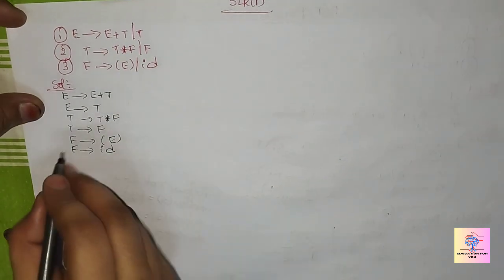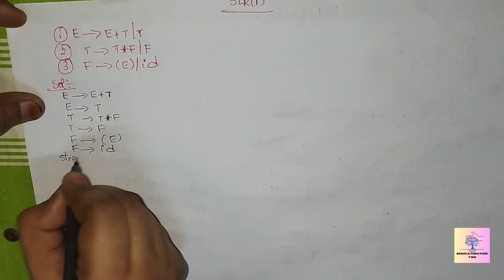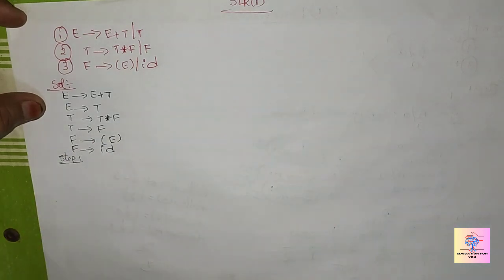Now step 1 is: construct the augmented grammar. How can you construct the augmented grammar for this one?